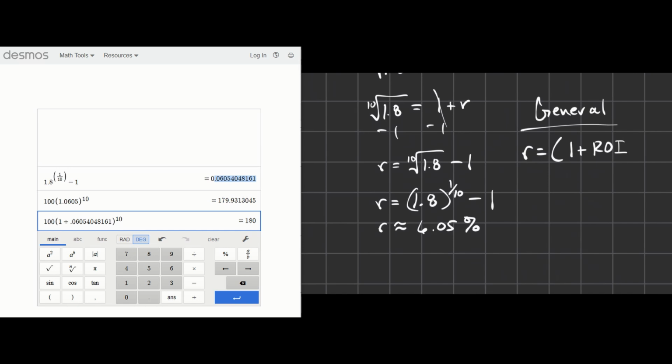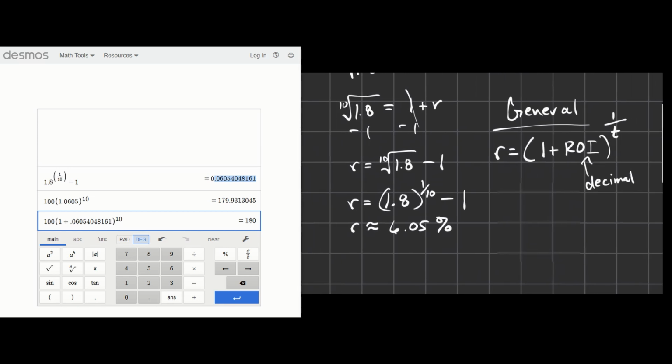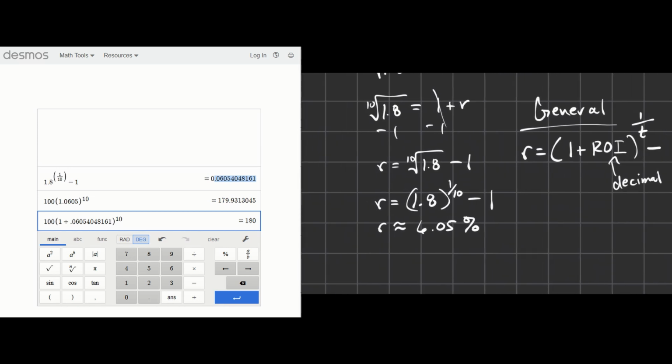So 1 plus your return. It's important that this is a decimal when you put it in. And then you want to have 1 over the number of years. That's going to be the power that you're going to raise it to. That's like taking the nth root, and then we're always going to subtract 1 at the end. Okay, so we'll subtract 1 from that.